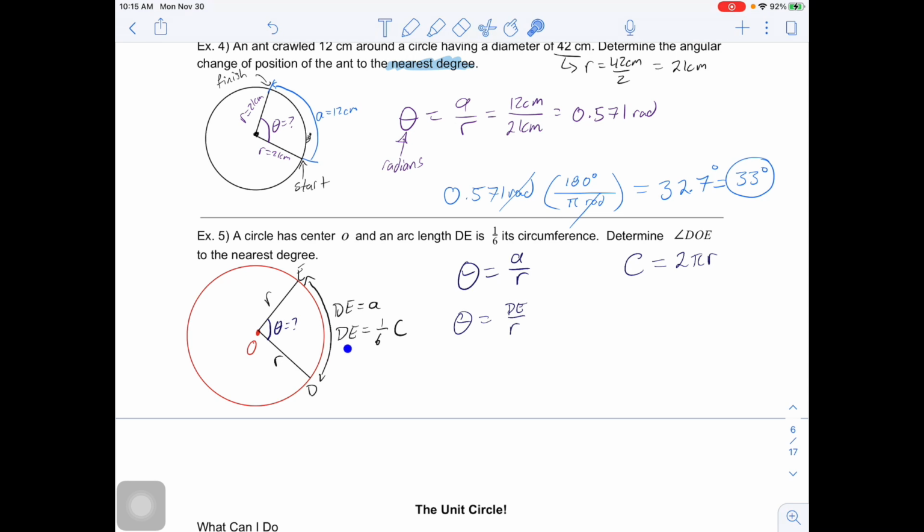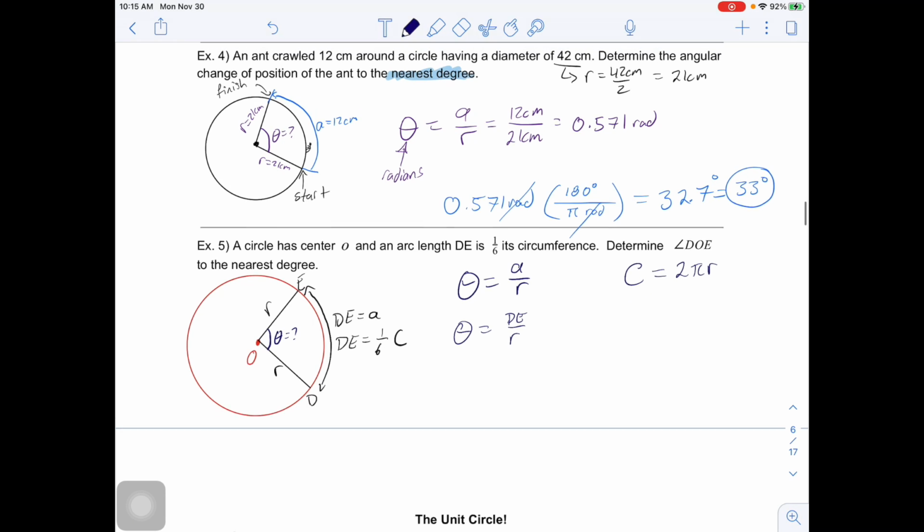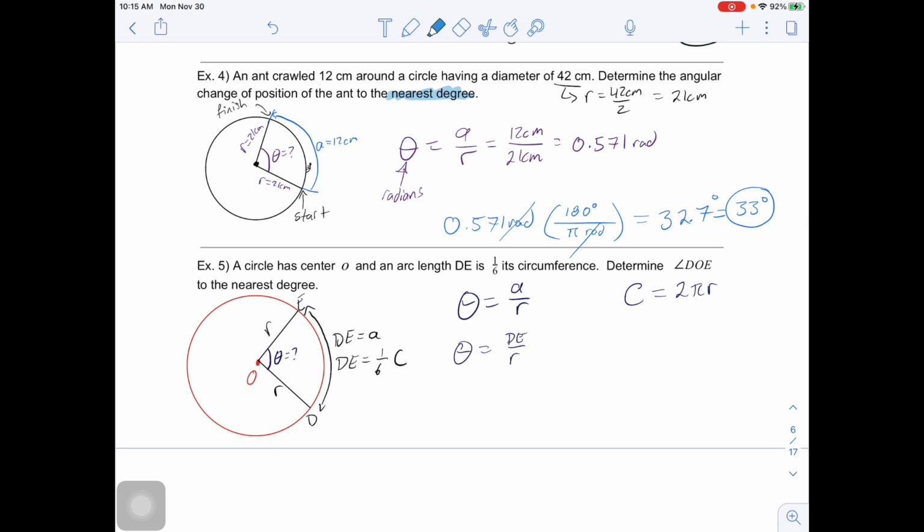We've been told that the arc length is 1/6 of this circumference. So what we're going to do is I'm going to plug in 2 pi r where I see C here. So DE can be in terms of our R values. So this will be 2 pi r over 6. So this becomes 2 dividing 6. Those are both divisible by 2.